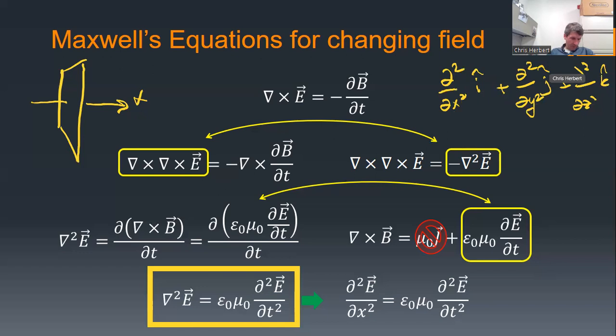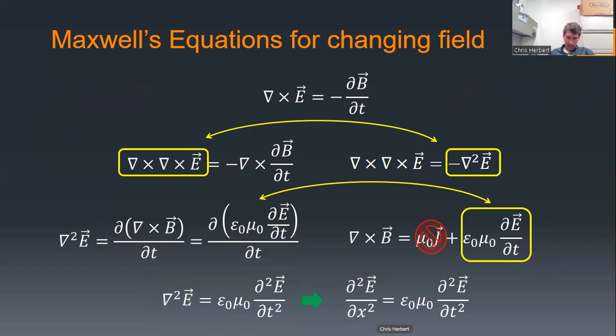Now, if it's traveling in the x direction, there's no change in y. There's no change in z. I can just replace this with this, and now I have a one-dimensional equation, meaning that it only varies in x. My plane's just going to move.